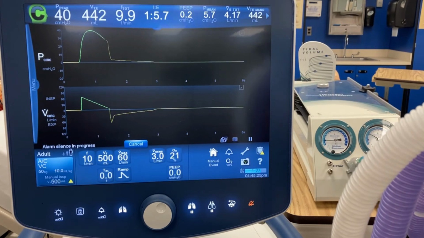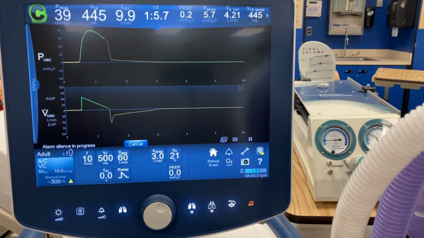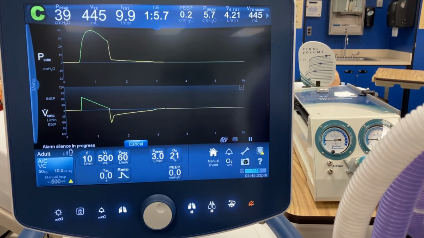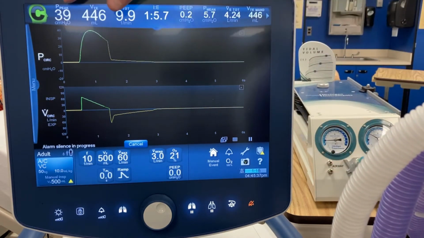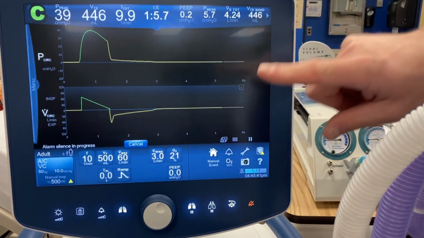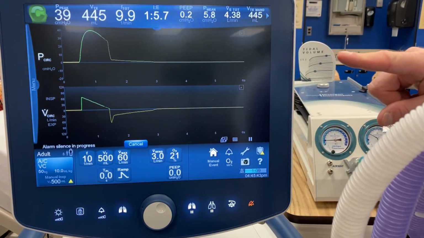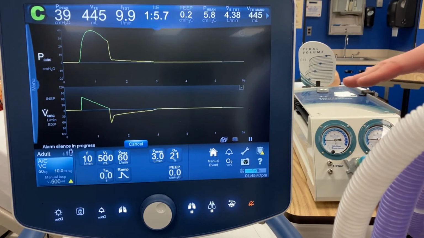But if we're interested in the compliance, how stiff the lung is, then we would grab a P-plat. And remember, the ventilator is going to push the breath in. We're going to have a higher peak because of that resistance. But our P-plat should stay the same because that resistance we added will not be factored in when there's no air moving.